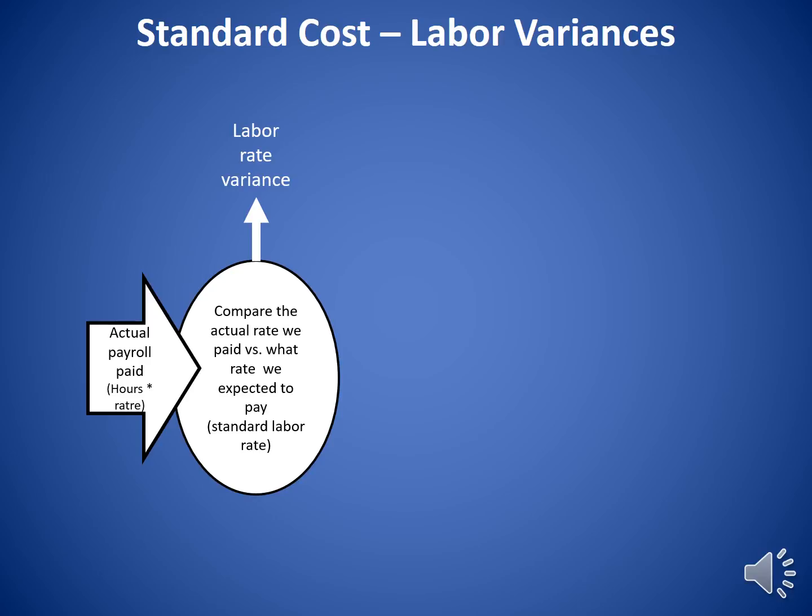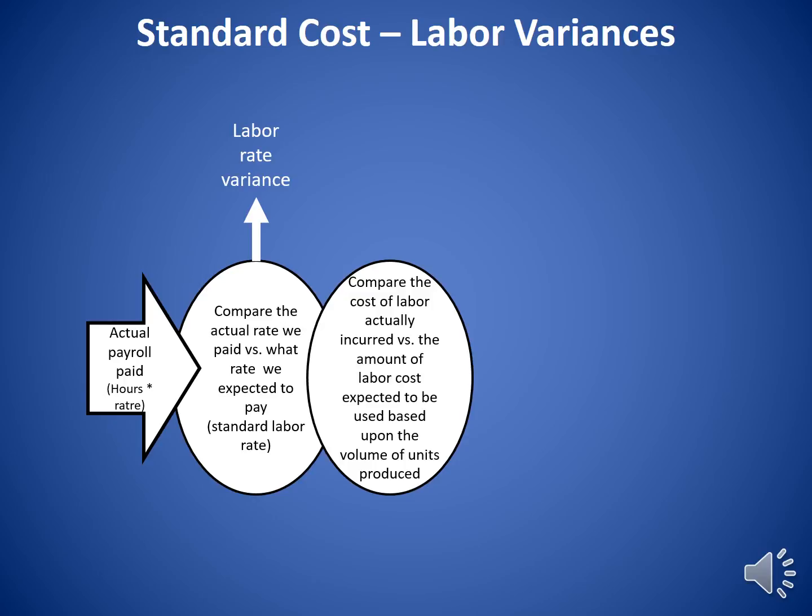Okay, now we go on. After we've extracted the labor rate variance, now we take a look and we need to compare the cost of the labor actually incurred versus the amount of labor cost expected to be used based upon the volume of units produced.